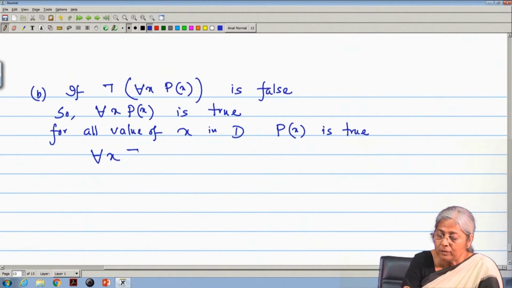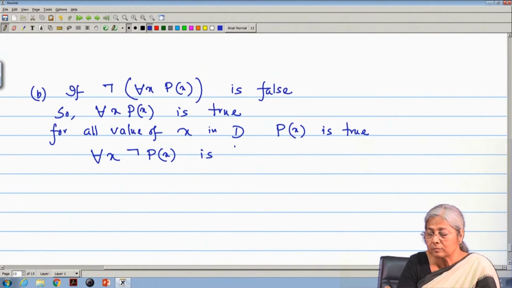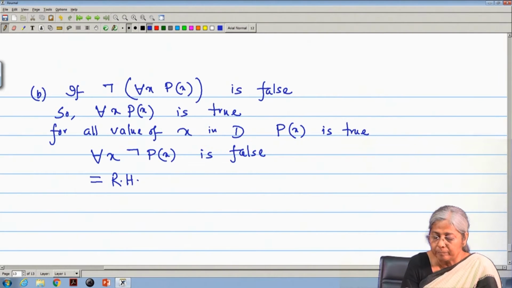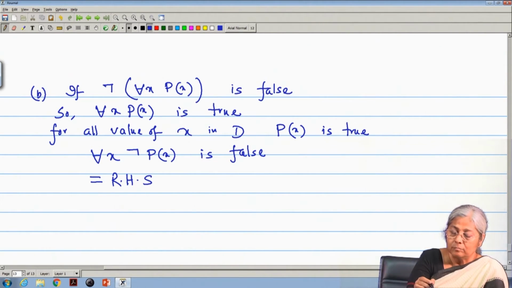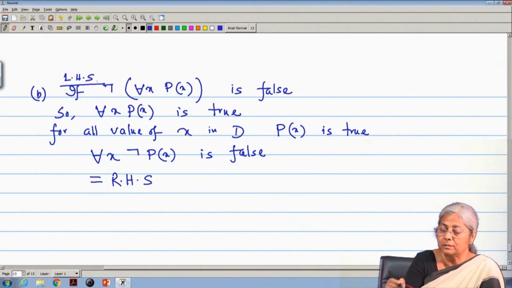So, for all values of x, negation p x is false, which is nothing but our RHS, and this is the left hand side we started with for the other case when it is false.